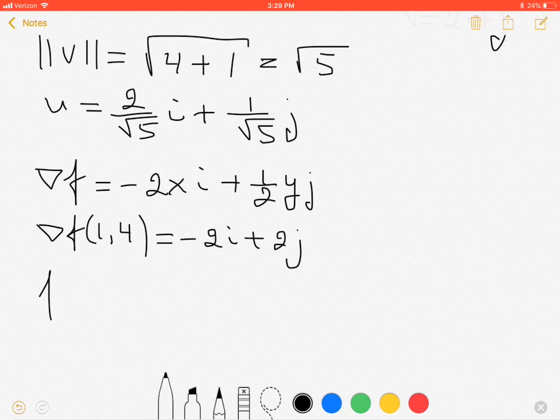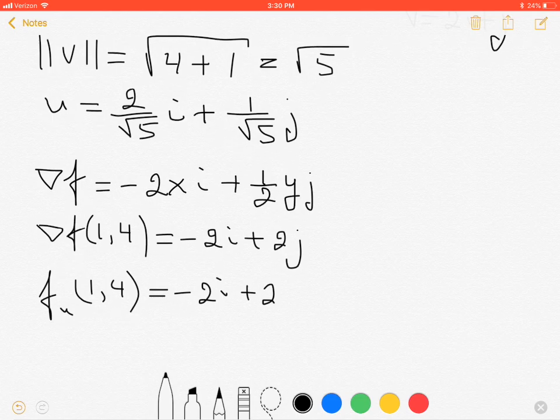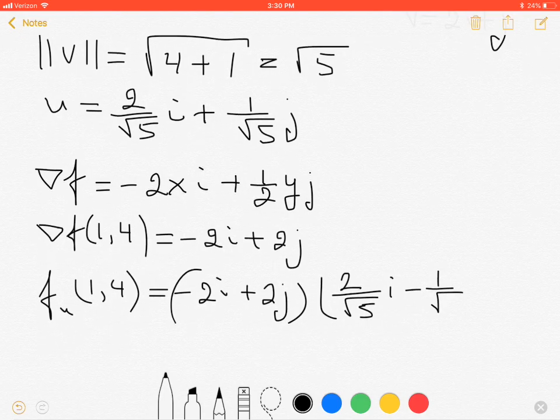And the derivative of your function with respect to direction vector u at point P will be the dot product of minus 2i plus 2j with 2 over square root of 5 i plus 1 over square root of 5 j. By the definition, the dot product is the sum of the coefficients of corresponding coordinates.